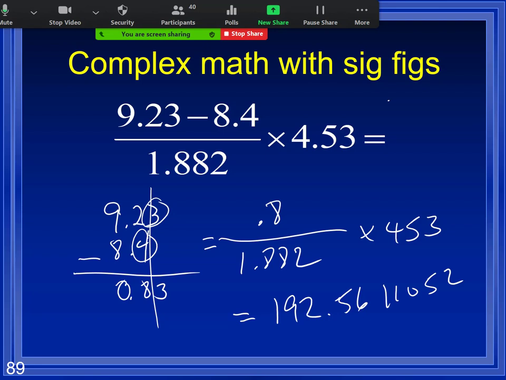Think about sig figs. 3 sig figs. 4 sig figs. 1 sig fig. Smallest number is 1, so I got to round this to 1. That's the 1. Behind that 1, there's a 9, so I make it a 2. But 2 is nowhere close to 192.